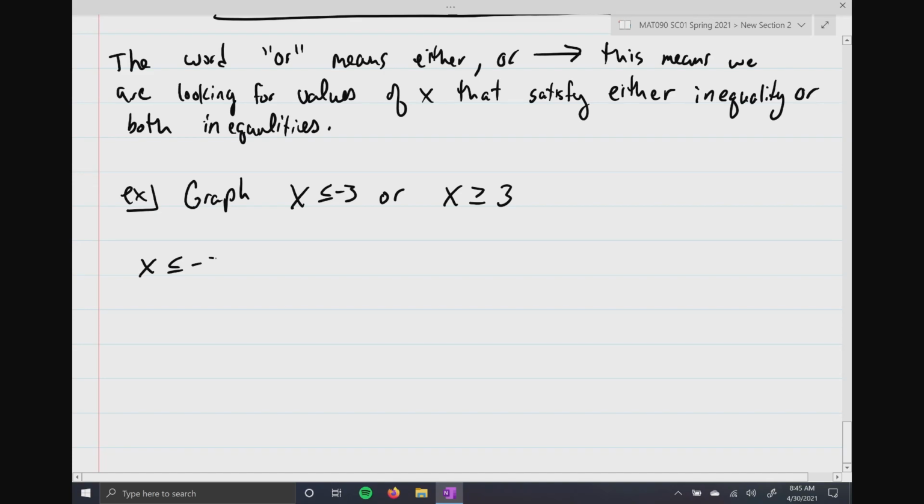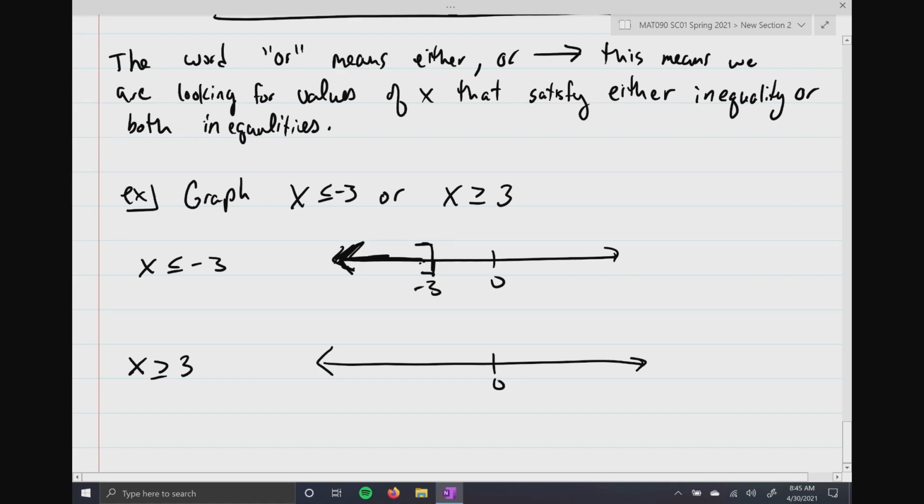So here's my x is less than or equal to negative 3. That gets a bracket, and it goes to the left. Here is my x is greater than 3. So it gets a parenthesis, and it goes to the right.